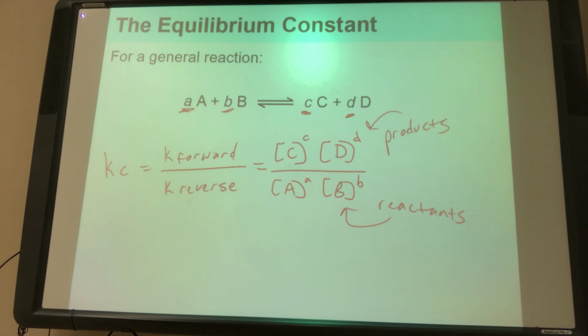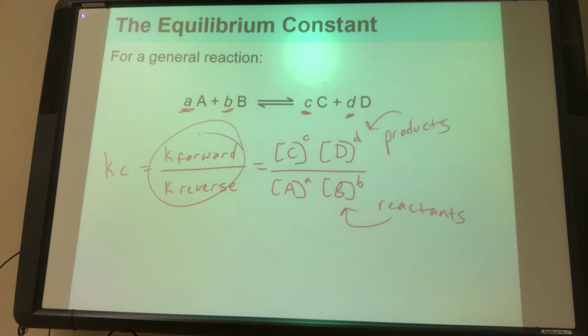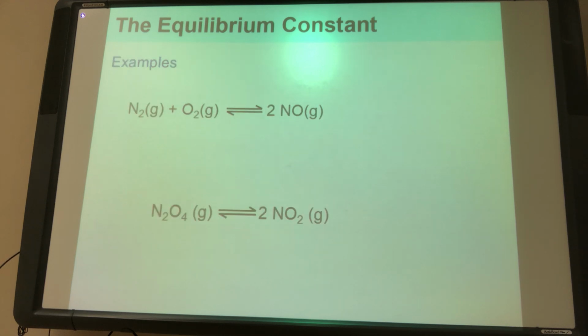All right, so let's practice this. I want you to write the Kc's for these. Now, most of the time when we write the Kc, we don't write this, because we know it's K forward over K reverse. Most of the time, it's just this part and this part. So let's look at this. I want you to write the Kc, the equilibrium constant, for these two. We say Kc is products over reactants.